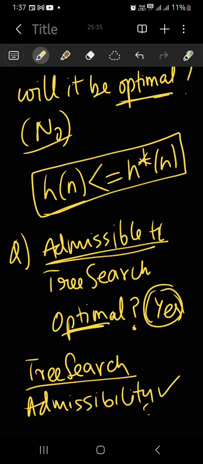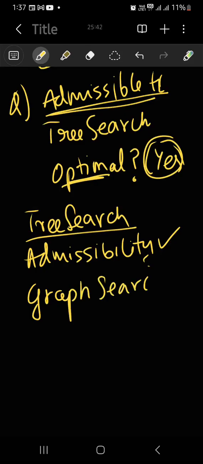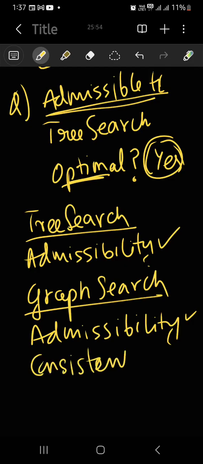But if you want optimality in graph search also, you need to satisfy two things. One is admissibility, and the second is consistency. So these two things you need to satisfy so that graph search becomes optimal.